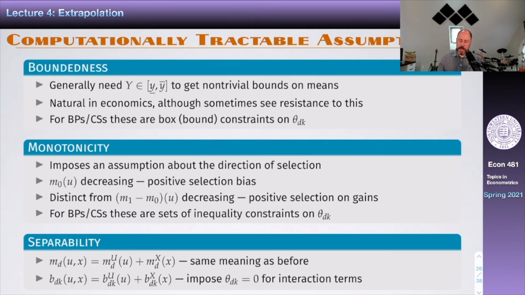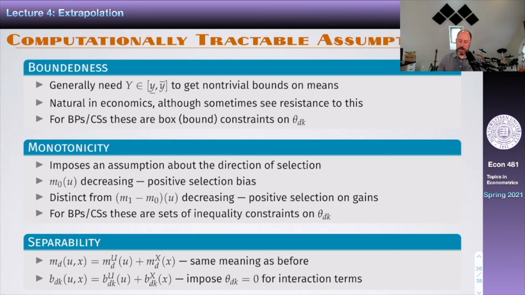Okay. And then finally, one that is going to be particularly important, as we described before, is separability, right? We sometimes want the marginal treatment response and the marginal treatment effect to be separable in the U's and the X, because again, this is what allows us to get identification by the unconditional support of the propensity score.